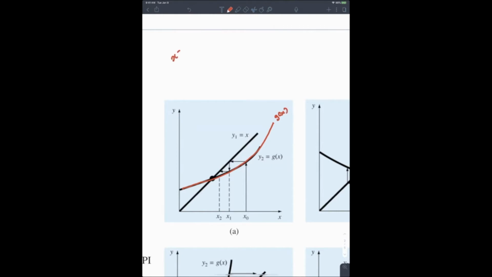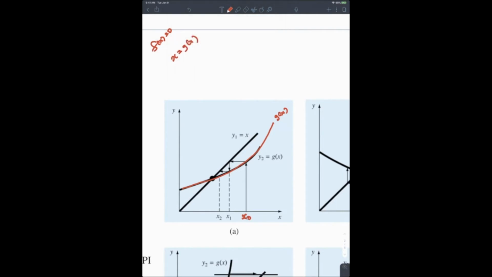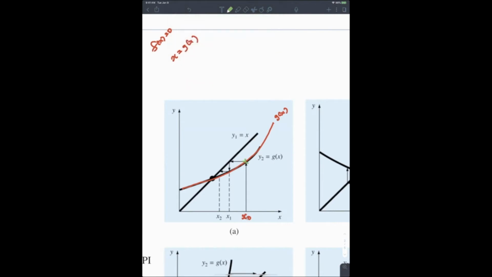X is equal to g(x) is what we came up with from the original function, which was f(x) is equal to 0. So if this is x0, and then g(x) is at that place, this is g(x).